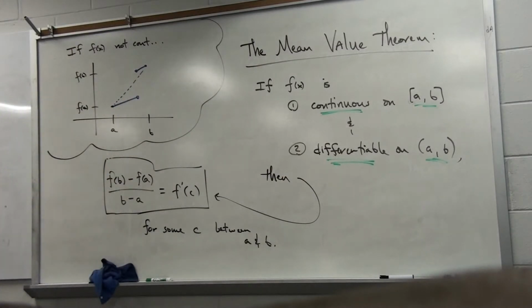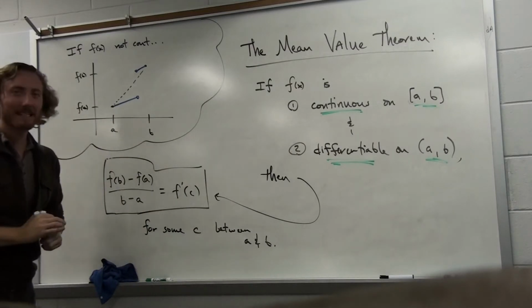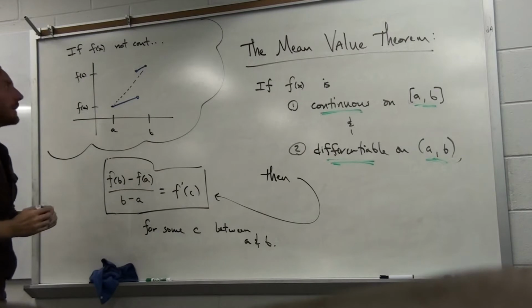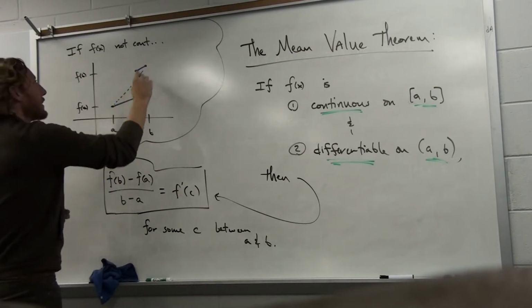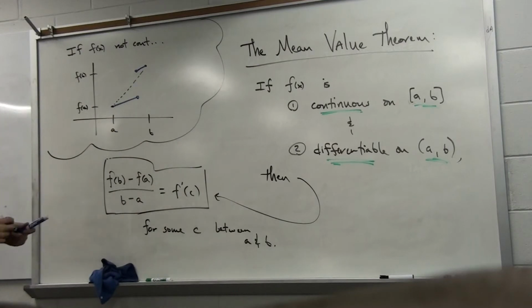This function that I drew here in blue is not continuous. By virtue of it jumping, we started off at a slope not equal to the dashed line, and then we proceeded at a slope not equal to the dashed line.